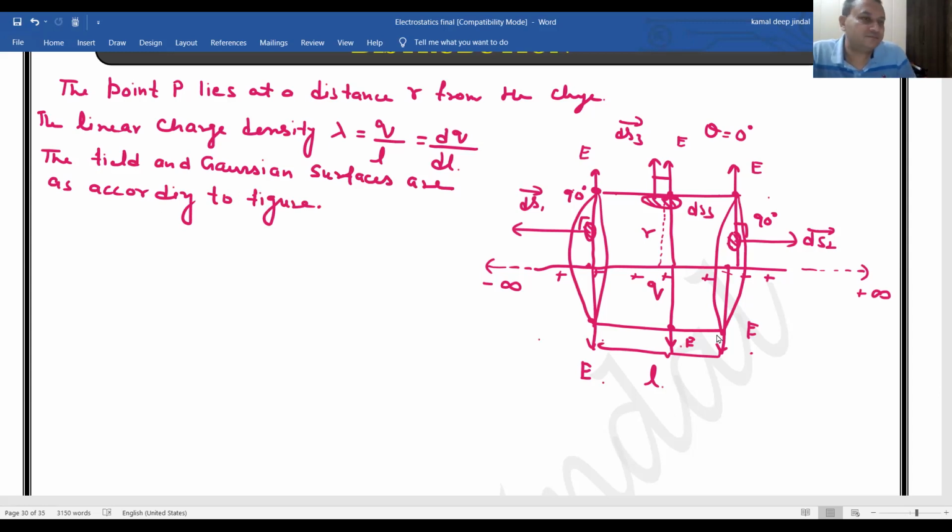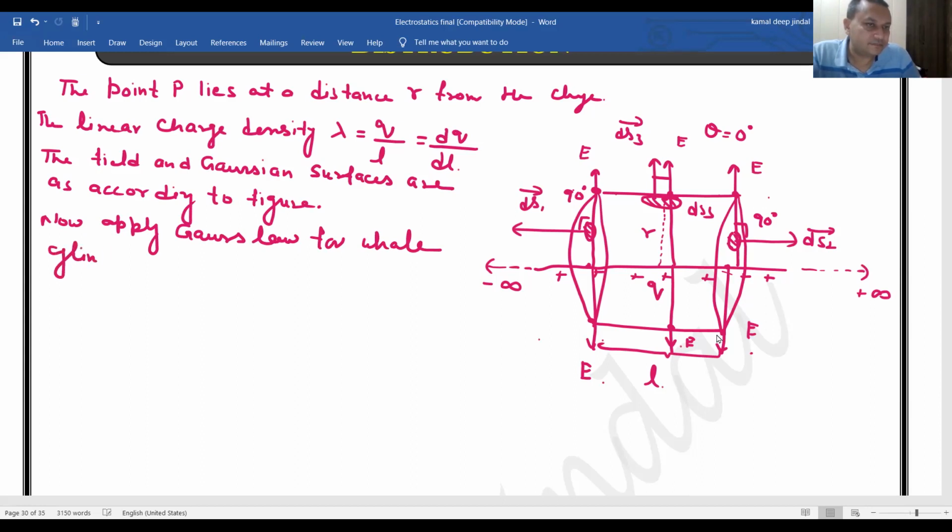Right, now apply Gauss law for the whole cylinder. Let me apply Gauss law for the whole cylinder.